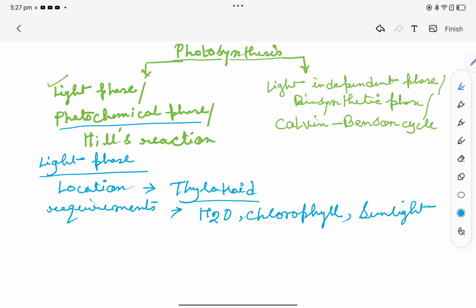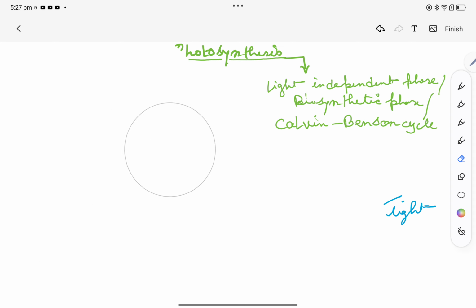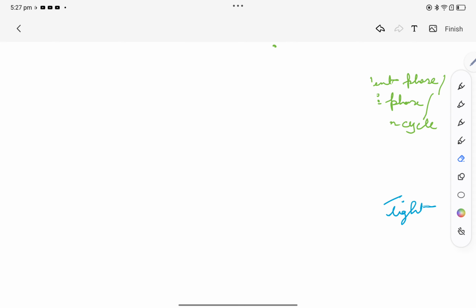These are the three things that are required for the light phase. The light phase occurs through a few steps, and one by one I am going to explain all of them. So, the steps of the light phase.